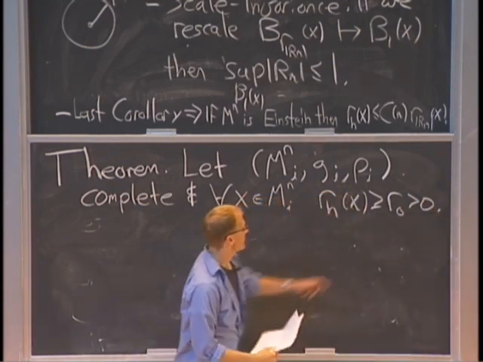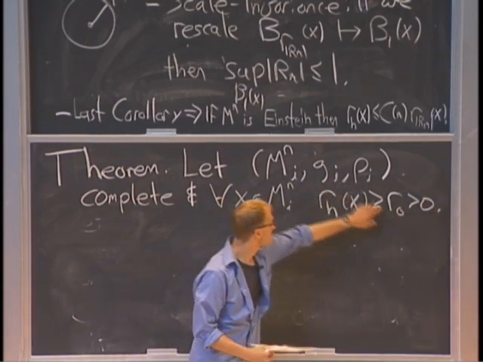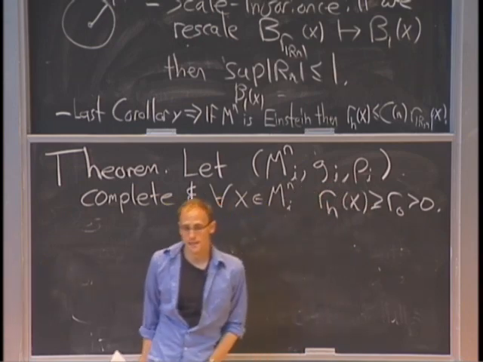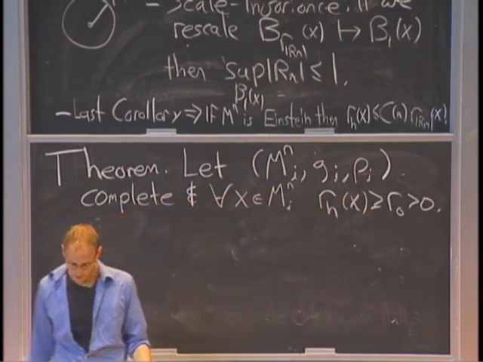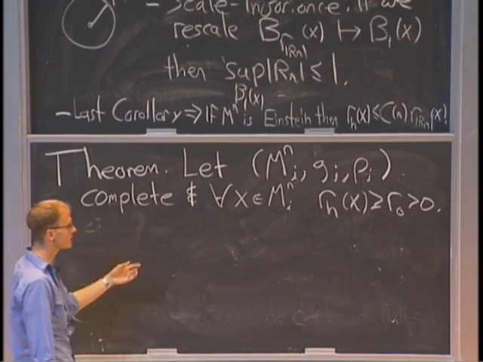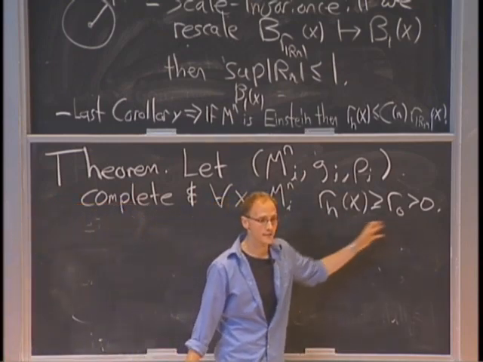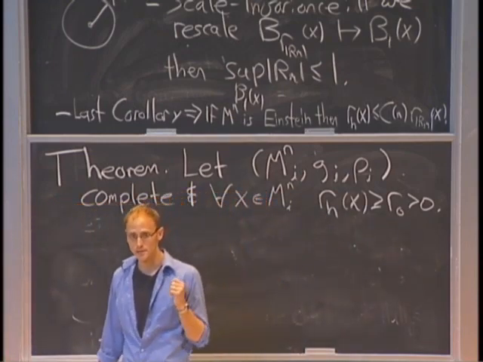This something is independent of the point and independent of the sequence. So we've got this collection of Riemannian manifolds, and for every one of them and every point, there is a ball of definite size where we have geometric control. That's what this is really saying.